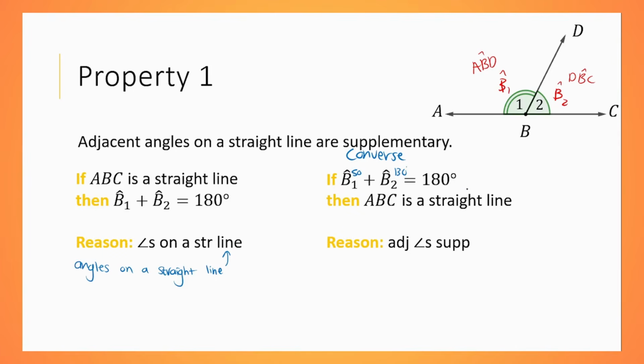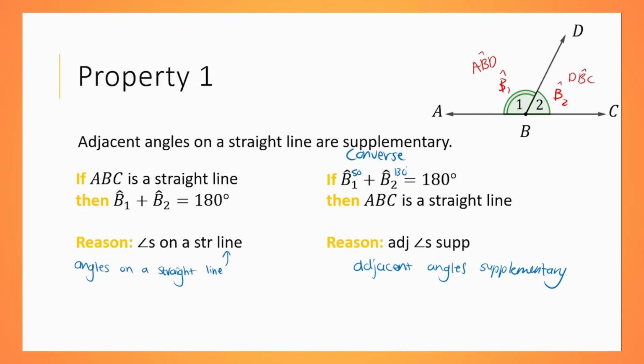Then because it adds up to 180, you can deduce, or prove, or show that ABC, do you see there's no angle now? Because if there's no angle, we're talking about a line segment. Then line segment ABC is a straight line because the adjacent angles are supplementary. So this is our first property, and its converse.